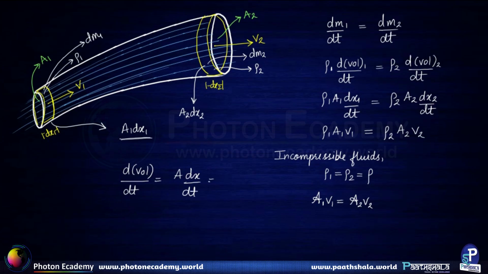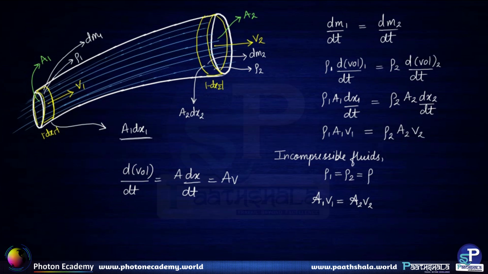This we understand. So this is nothing but AV. So when we say that A1V1 is equal to A2V2, what are we essentially saying? We are essentially saying that the incoming rate of flow of volume, let us say the volume that is coming in from here, is the same as the outgoing rate of flow of volume. That is what we are claiming basically, which is exactly correct.